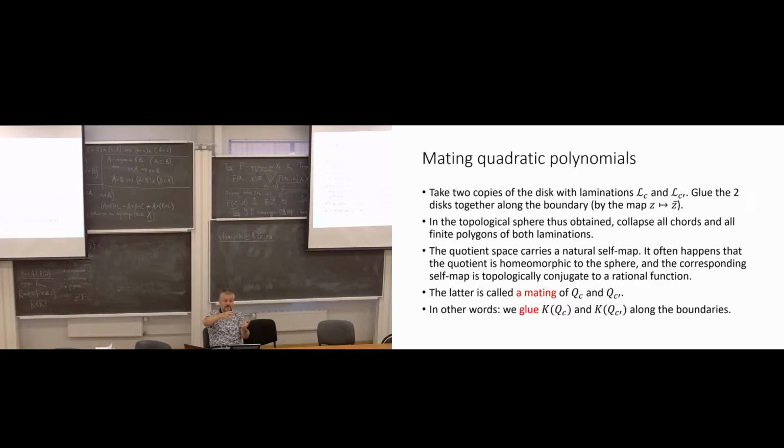So sometimes not only is the quotient space a sphere, but also the quotient map is topologically conjugate to a rational function. And in this case, people say that you have a mating of two quadratic polynomials.